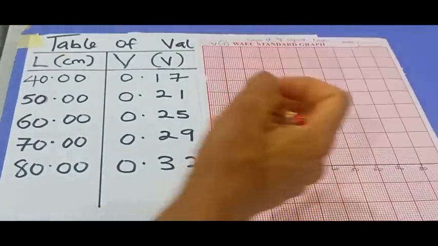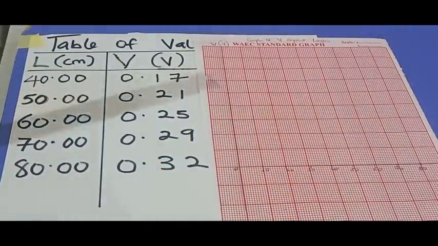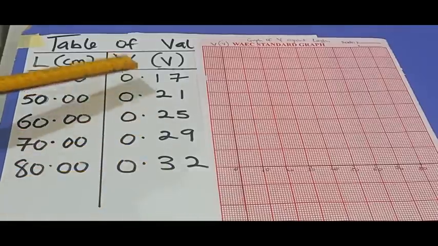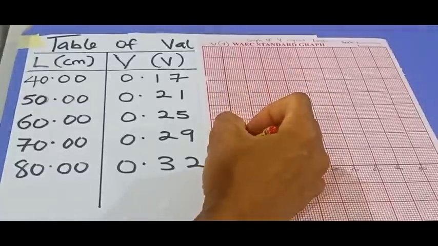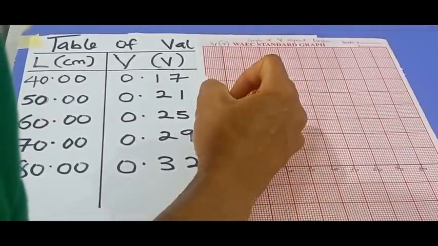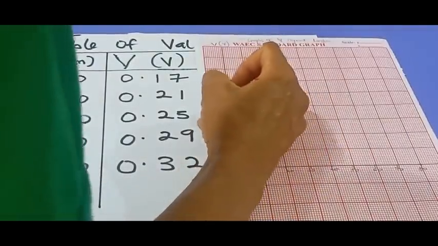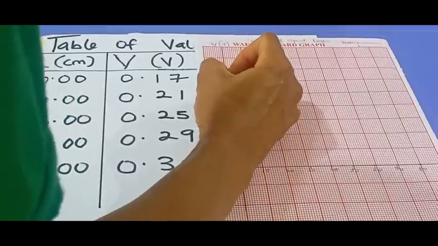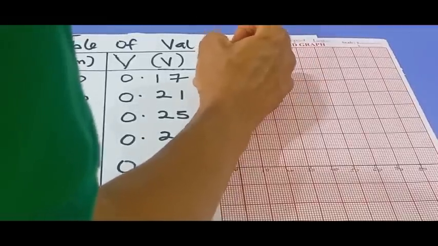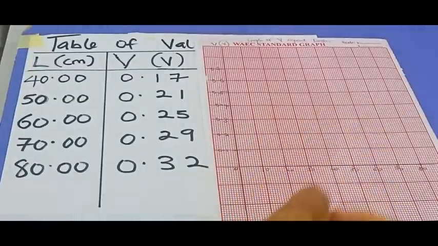Then for this one, since the values are, okay, let's say 0.123. Let me use 0.1, 0.2, 0.3, 0.4, 0.5, 0.6, 0.7, and so on.